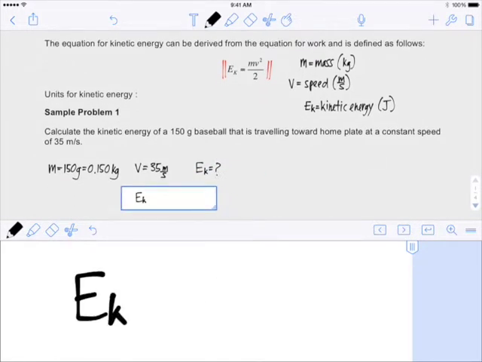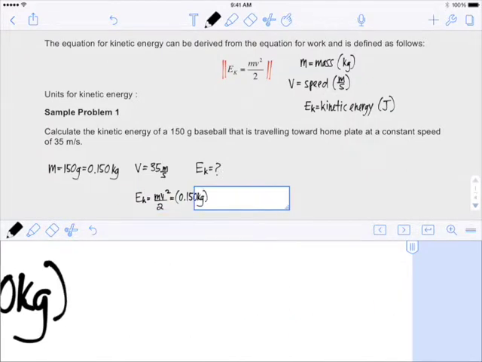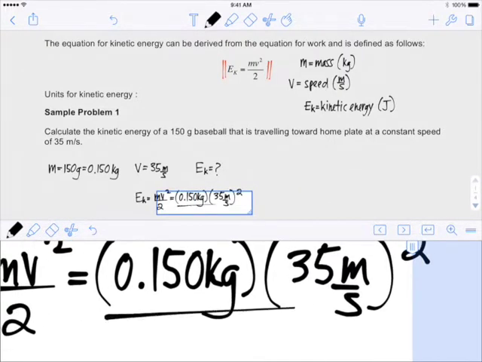We know that Ek is equal to mv squared over 2, so 0.150 kilograms times 35 meters per second, and don't forget to square it, divided by 2.